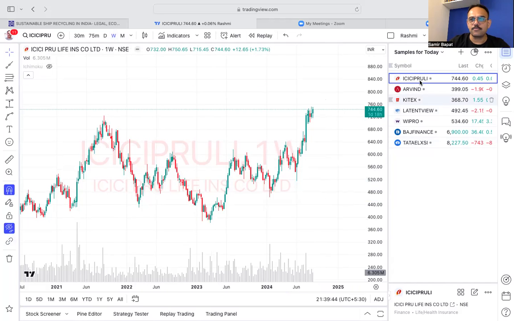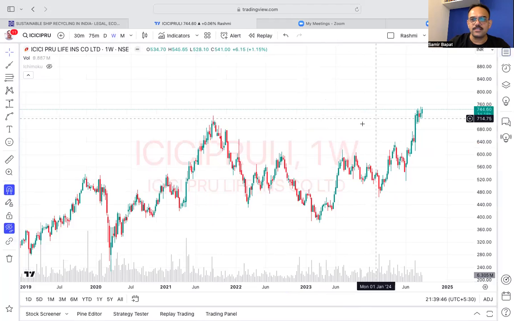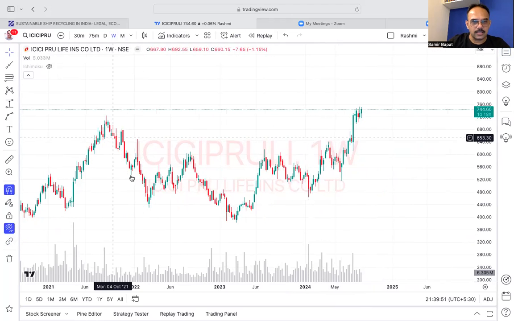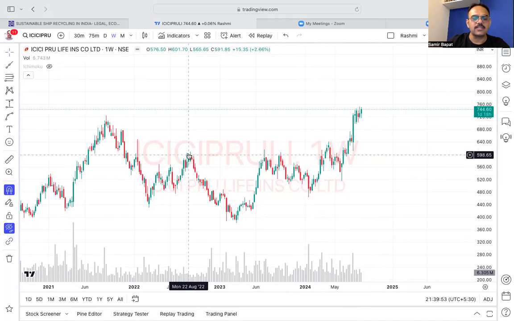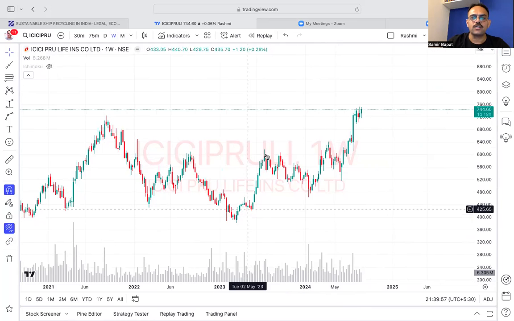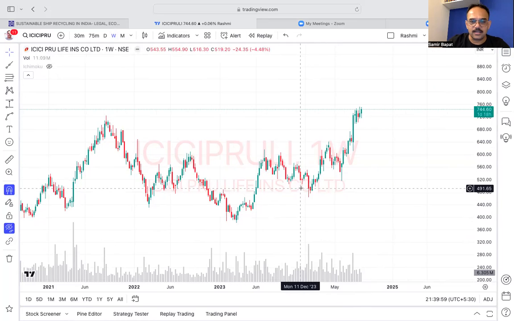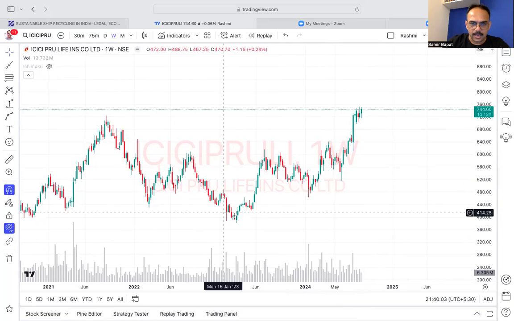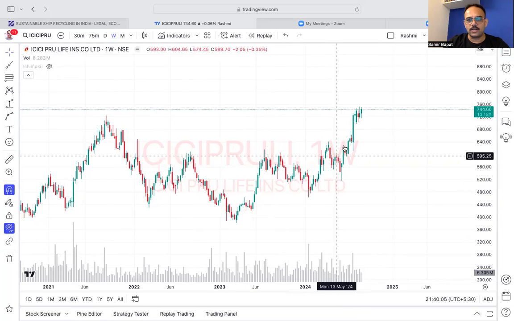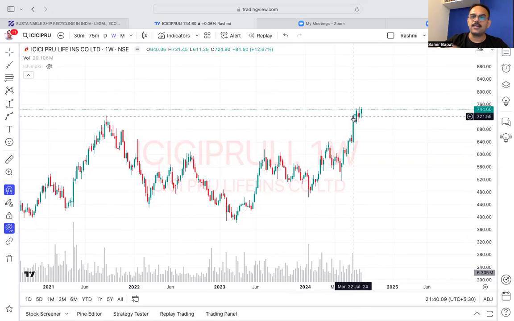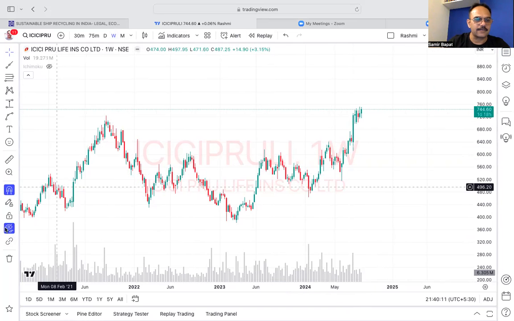This is one curve. This is the shoulder. The head is going a little bit below the shoulder, and this is the second shoulder. So shoulder 1, head, shoulder 2. This is the neckline. Neckline is broken here. We'll see what is the target.